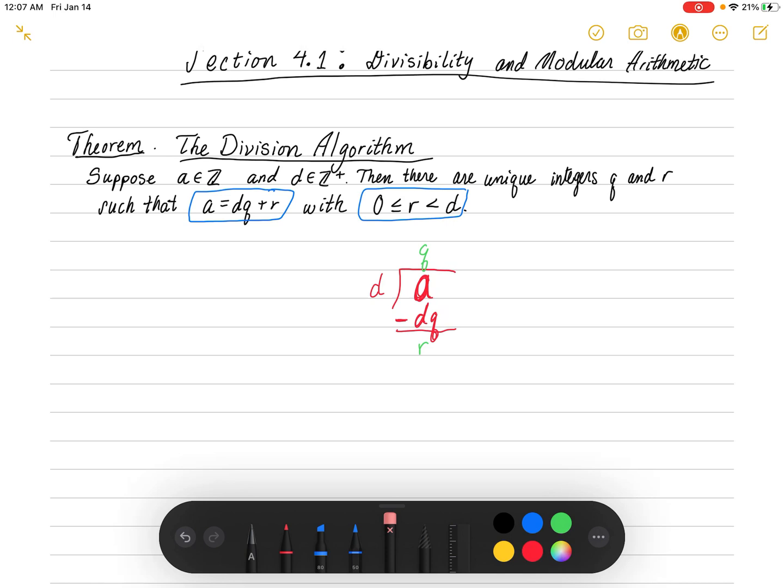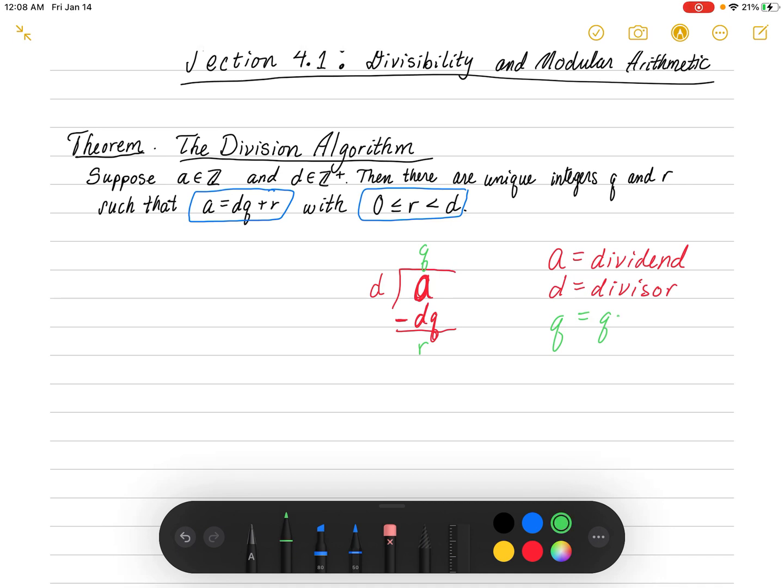So what is a called? I don't know if you learned this back in second or third grade, but a is called the dividend. d is called the divisor. That's what you're dividing into a. d is being divided into a. q is called the quotient. That's the number of times that d goes into a.